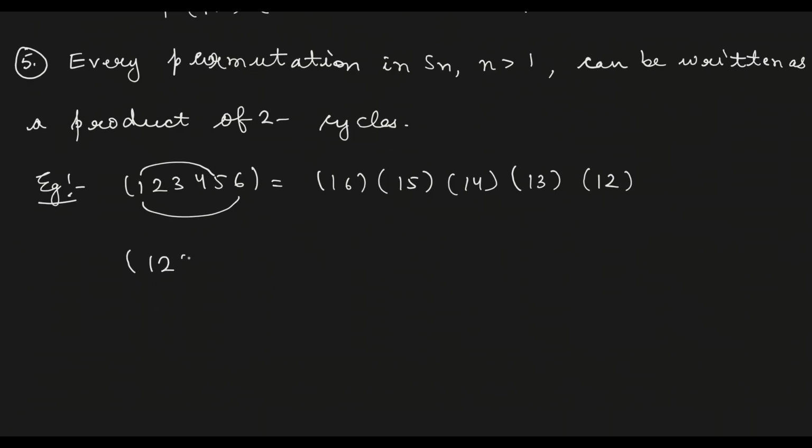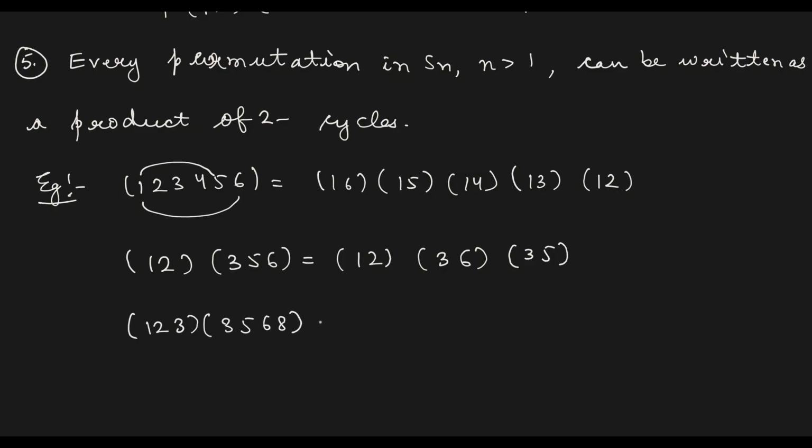Next example, (1 2)(3 5 6). (1 2) is already a 2-cycle. Then (3 5 6) is (3 6)(3 5). So (1 2)(3 5 6) is (1 2)(3 6)(3 5).